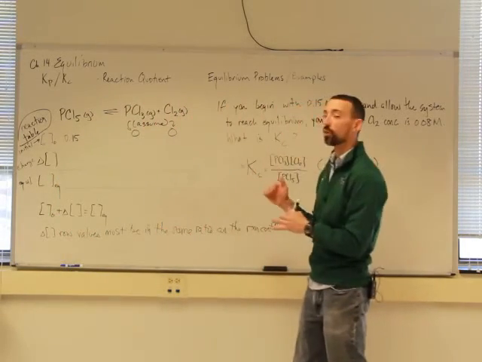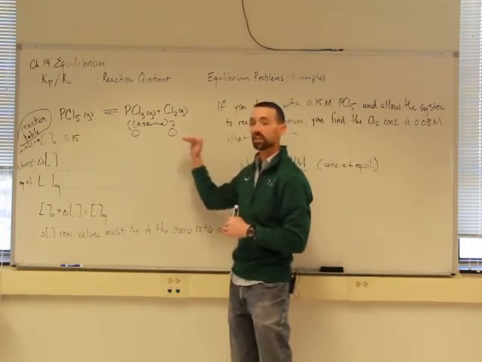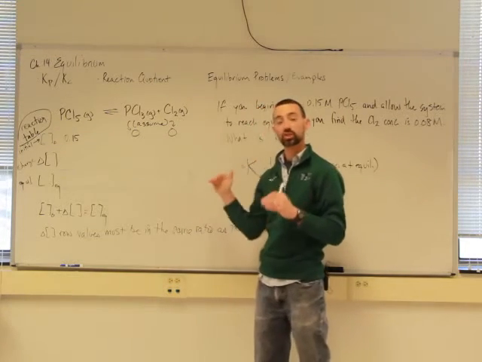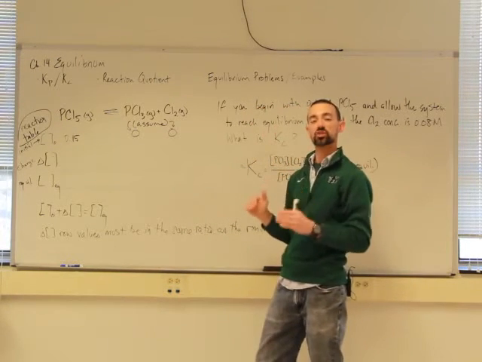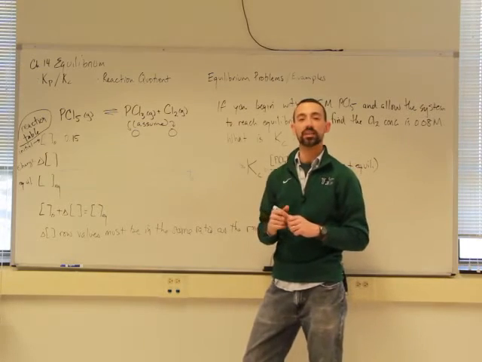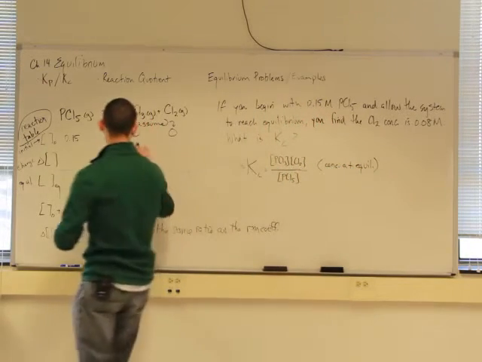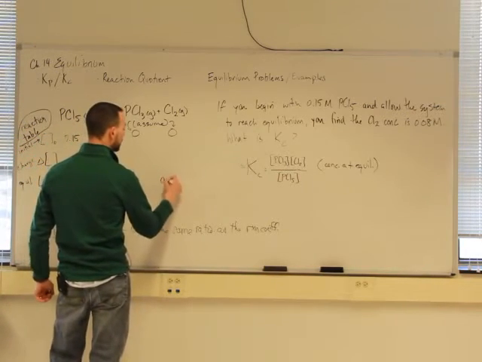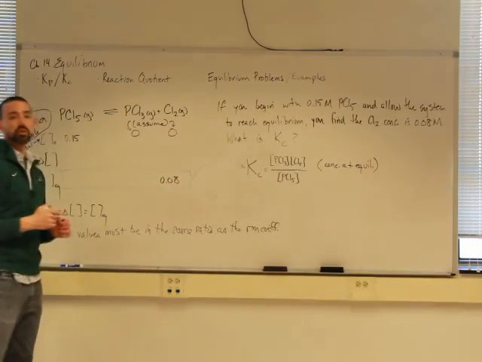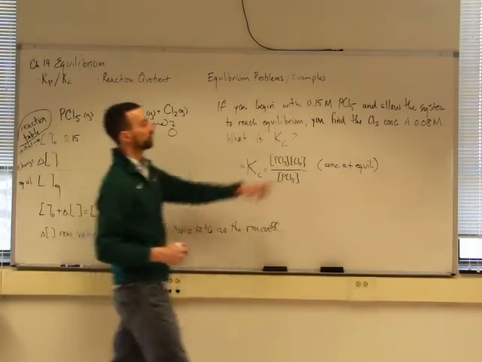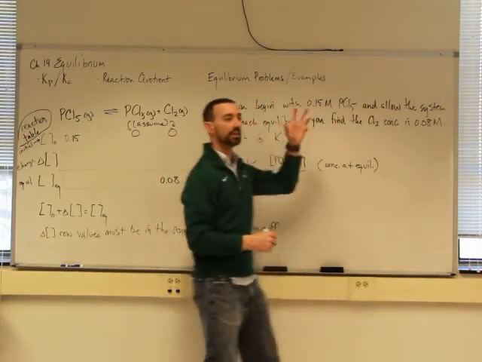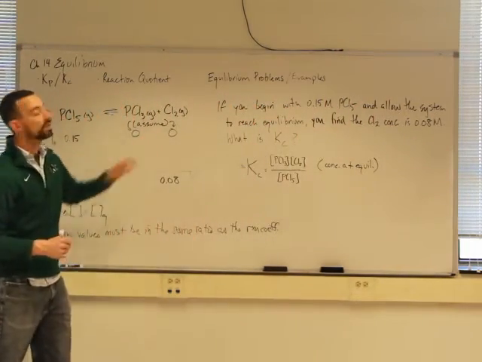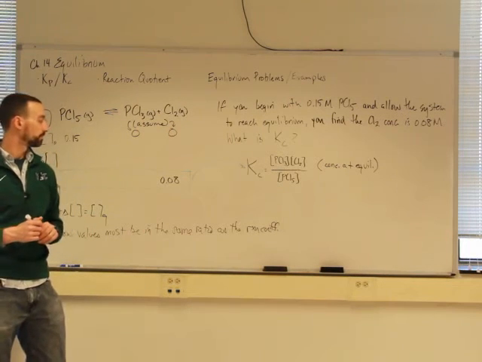Either we know the amount of each species, or it is assumed to be 0 at the start of these reactions. Okay, so we could put a 0 there. The only other number that we know is that at equilibrium, our chlorine is 0.08. So I've used the two numbers from the problem and then this safe assumption that these products start at 0.